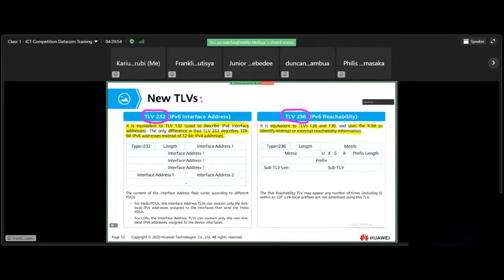TLV number 232 is equivalent to TLV number 132, which is found on IPv4 networks.